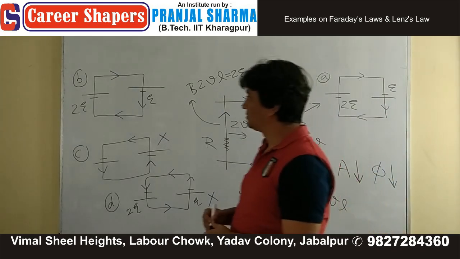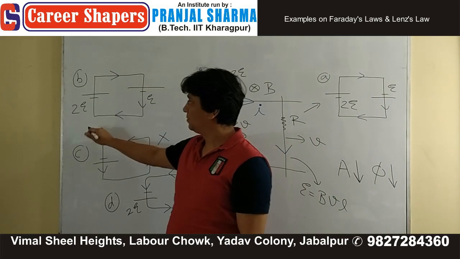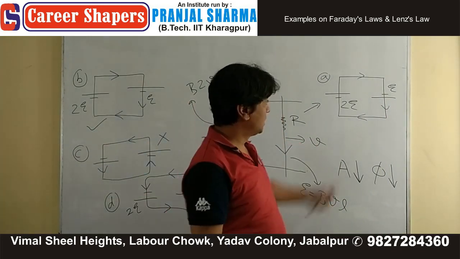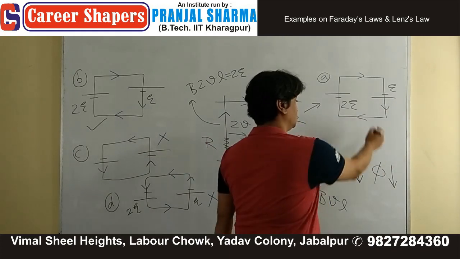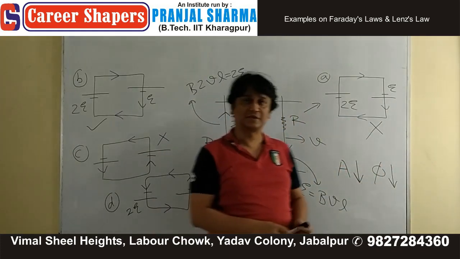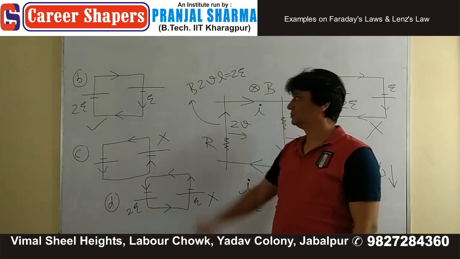Then you would say that it should be same. Up, up. And therefore this is the correct one. Up, down, it's not the correct one. This is coming from STP. So only option B is correct.